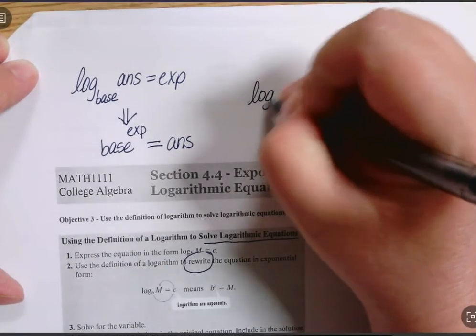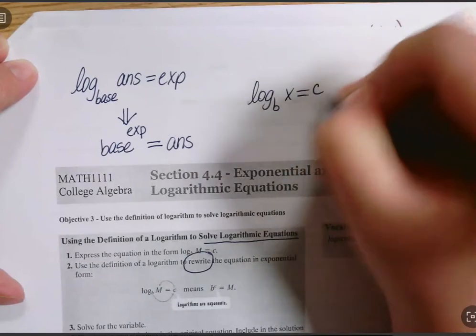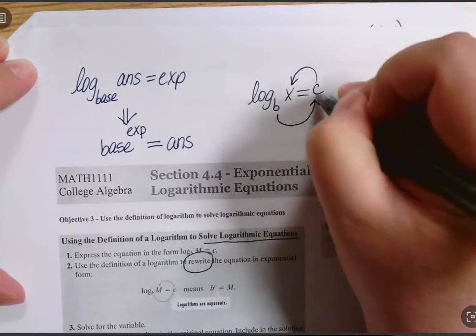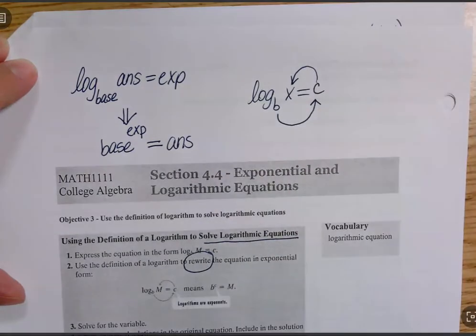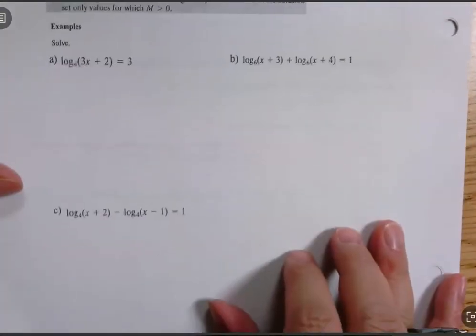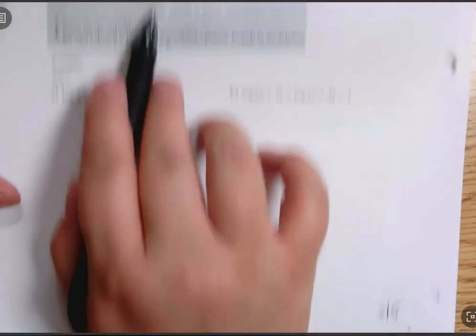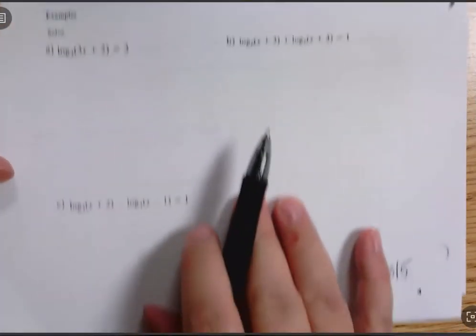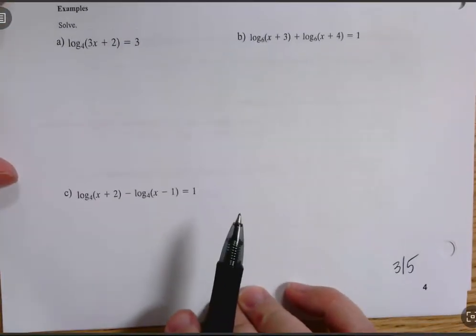Some teachers teach it as B to the C equals X. Same idea. And that's what you see actually right there. My concern is I feel like people can get confused by which way does the circle go, which way do I go, etc. But if you don't, that's great.